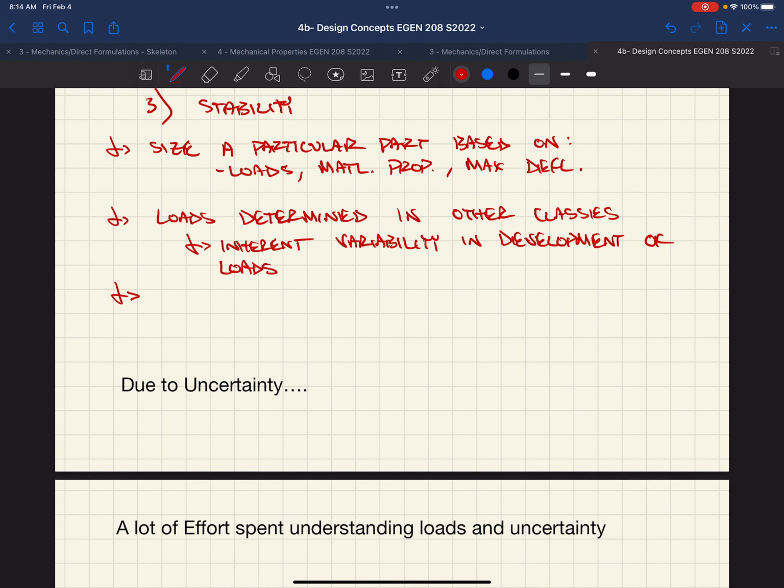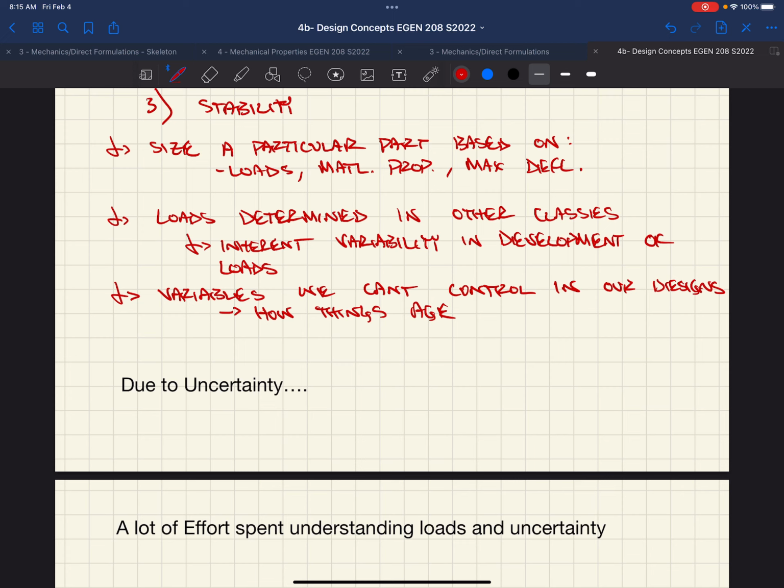Well, there's also variables that we can't control altogether, right? Can't control how things age. One of you said maintenance cost is a design component.